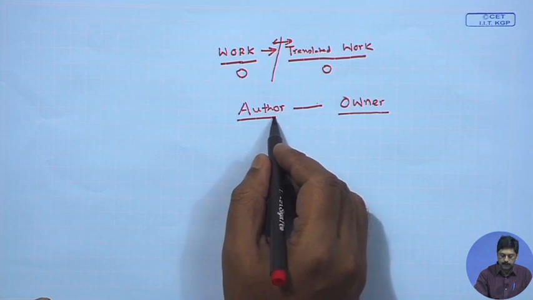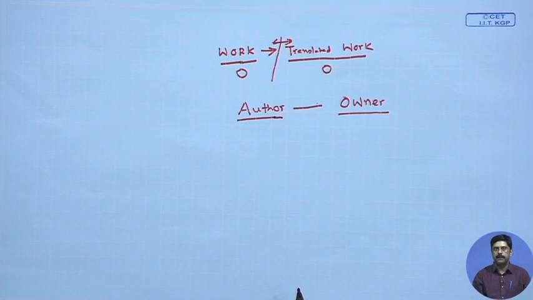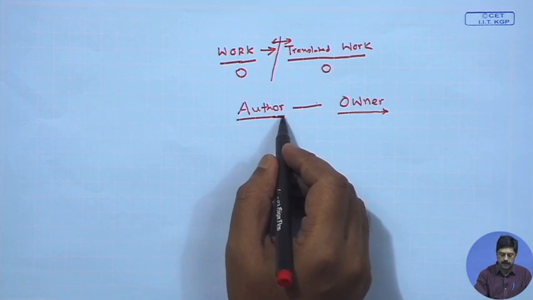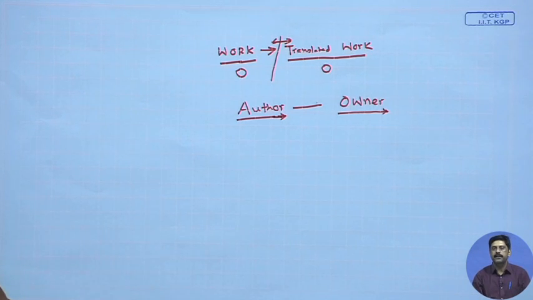In respect of copyright, we have another important parameter, author and owner. So when I discuss the copyright registration procedure, to start that part, you should get an idea regarding authors and owners.